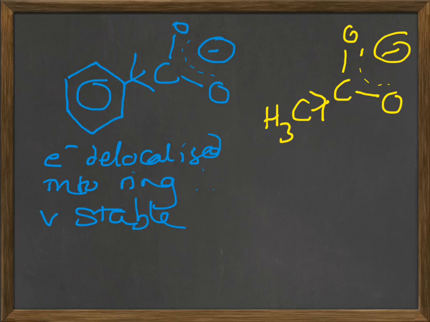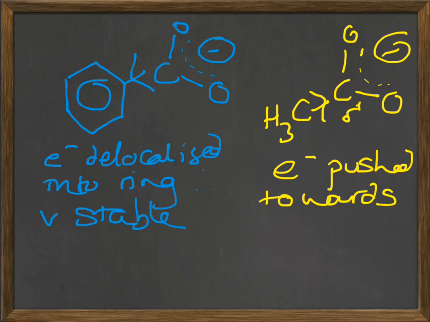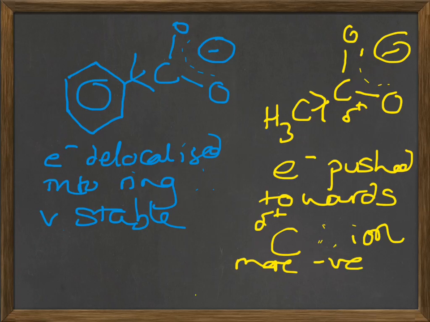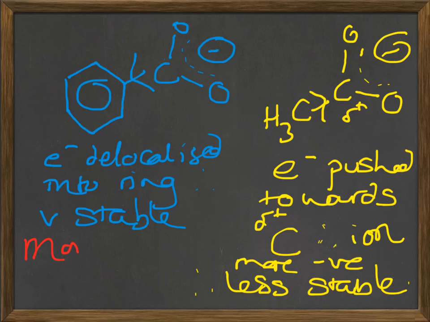It's able to take away that negative charge from the carboxylate anion. Whereas if we look at the ethanoic acid on the right, we're going to compare benzoic acid to ethanoic acid, its actual anion. You see that the methyl group's actually donating more electron density into the negative ion. So the electrons are pushed towards your delta plus carbon, and so it's more negative, therefore less stable. So the more acidic one of these ones is going to be the benzoic acid.